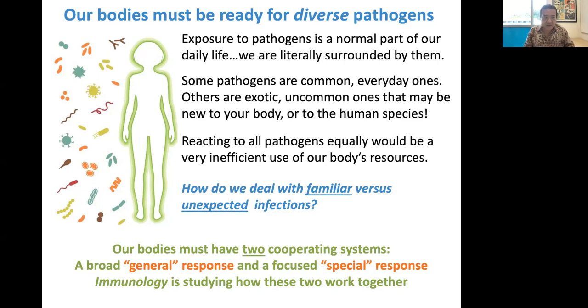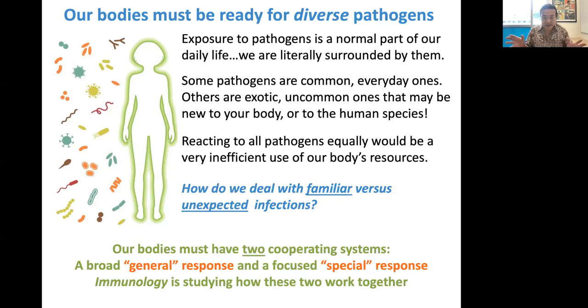Some pathogens are common everyday ones that ever since you were born, you've been exposed to. So your entire life, you're used to dealing with certain types of things, like specific types of bacteria or even certain types of viruses. Other pathogens are more exotic, for lack of a better word. They're uncommon, might be brand new to your body, like the first time in your 20 plus years of life you're encountering this pathogen, or it's even a brand new pathogen that is new to the human species.